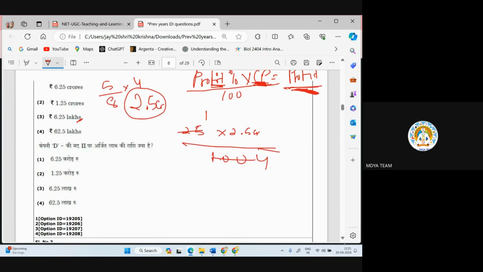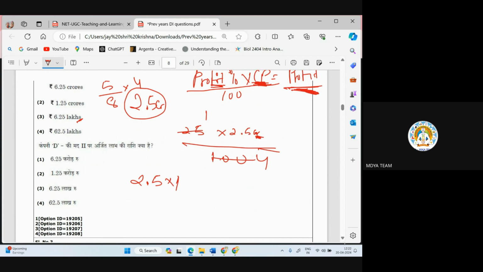Now you have to remove this crore from here. So to remove crore, we will multiply 2.5 by 1 followed by how many zeros? I told you, if you want to remove lakh, you multiply by 1 lakh. If you want to remove crore from 2.5, you will multiply it by 1 crore.